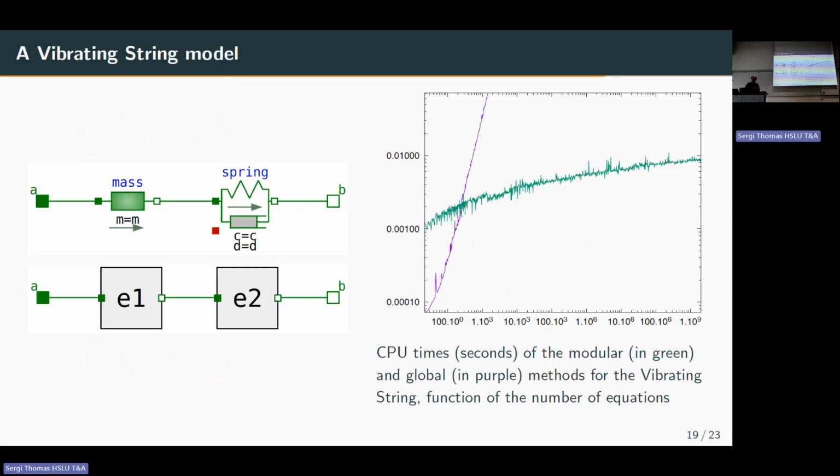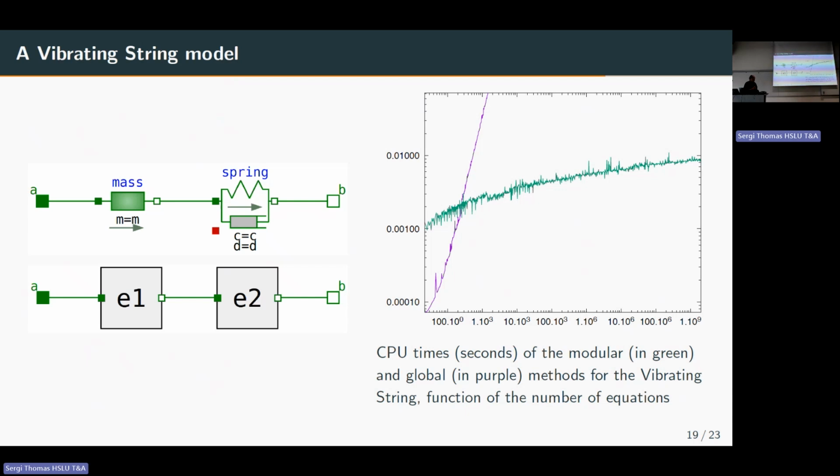Benchmarks. So here on the vibrating string model, where you have a large number of mass spring damper elements, in purple you have a global analysis, and you see that it's very steep, while for the modular method you have logarithmic complexity.